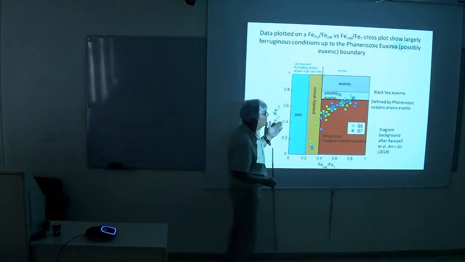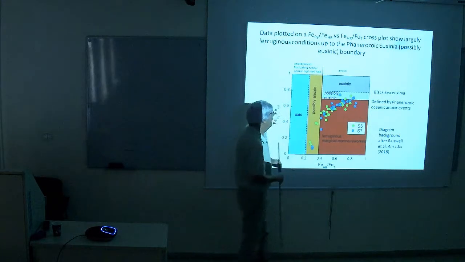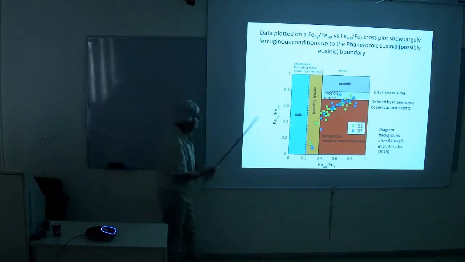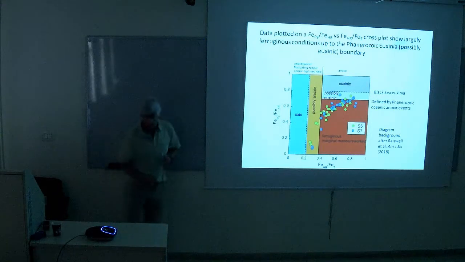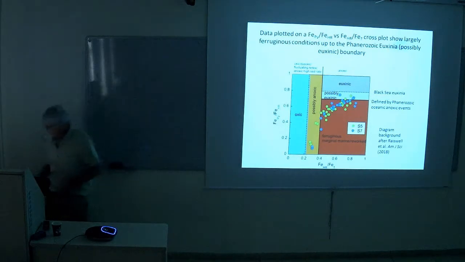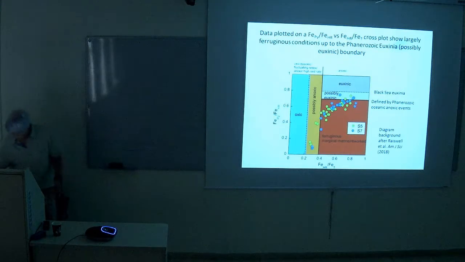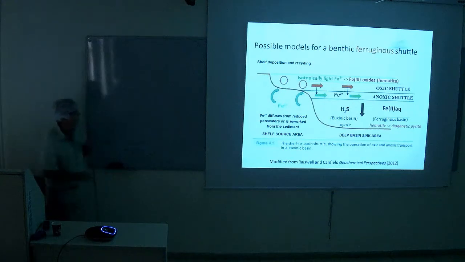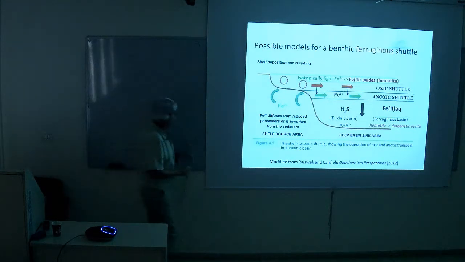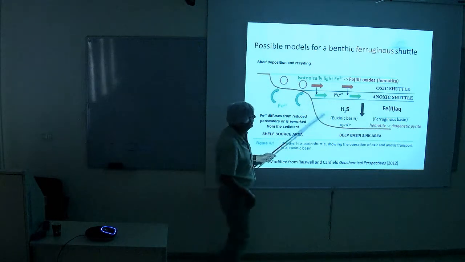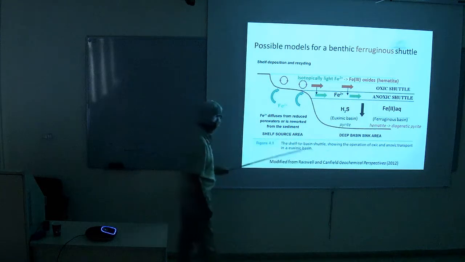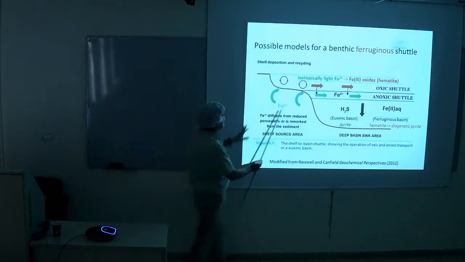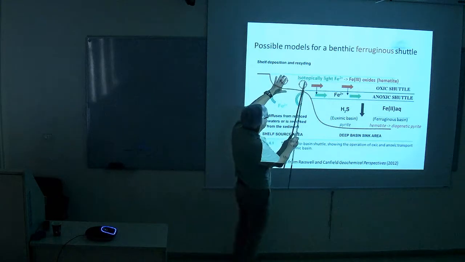Now, could this be possible? Is this so? The question is, we've seen that there is a benthic iron shuttle. We've seen that we're getting isotopically depleted Fe2+ added into the basin. Could this be the case? And the answer is theoretically, with the data that we have, one could propose either a ferruginous or a euxinic situation. The iron shuttle has basically two components.